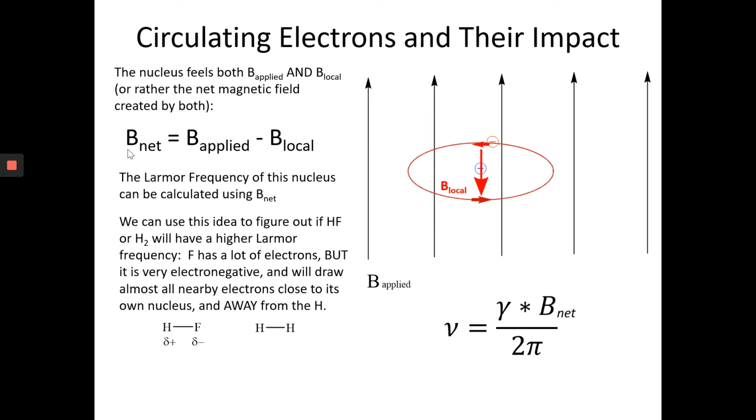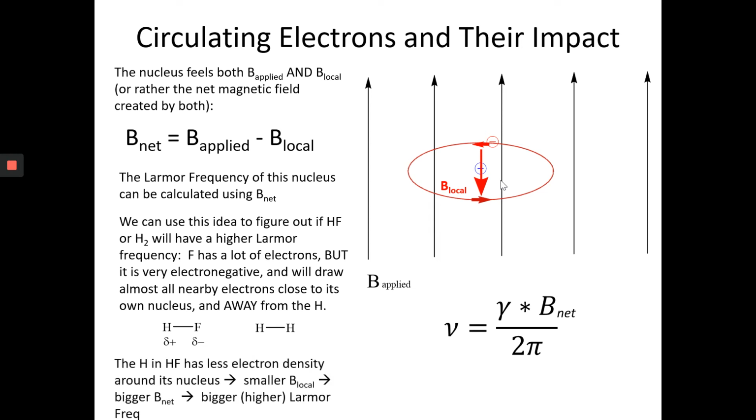Here's our HF. Here's our H2. Spend a minute and see if you can figure out which one has the higher Larmor frequency, HF or H2. Remember that the Larmor frequency is directly proportional to B net. So think about which one is going to have the bigger B net. Pause the video until you can predict which one has the higher Larmor frequency, HF or H2.